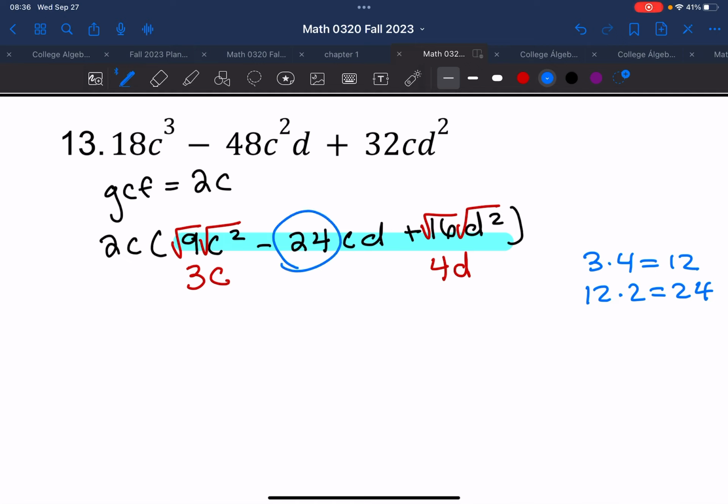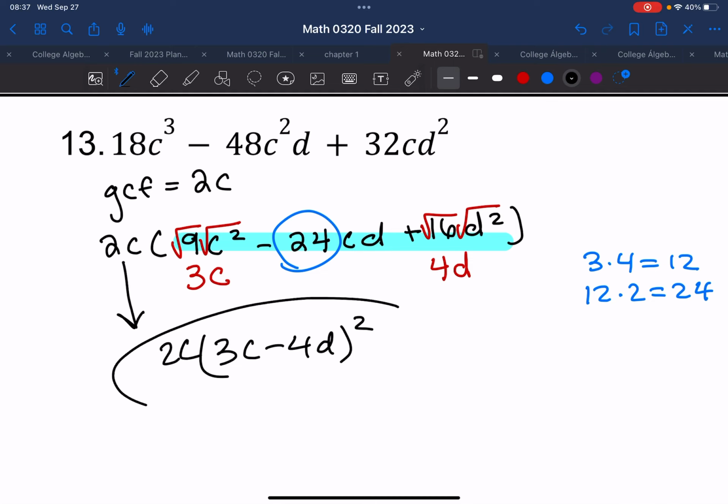So since it matches our middle term, and our middle term has that negative attached to it, our answer is going to have a negative or a positive in it? A negative. So I have 3c minus 4d squared, and then I have to bring down that 2c.